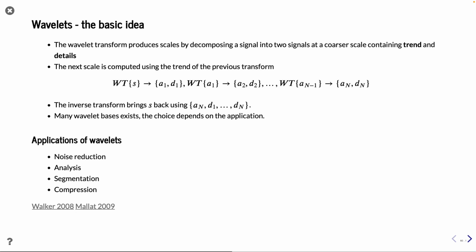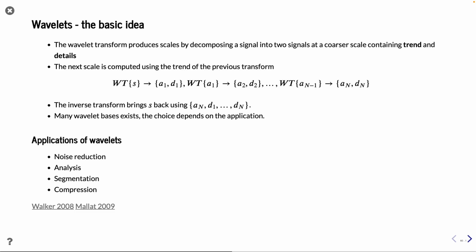The first thing that comes to mind when you talk about scales is the wavelet transform. That is a transform that, in principle, has this scale idea built in. The good thing is that you can transform to a different scale, but you also have the way back to the same image again.